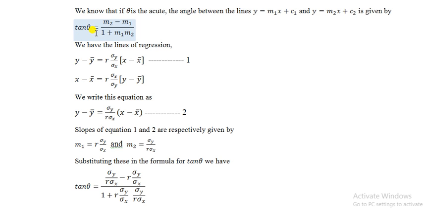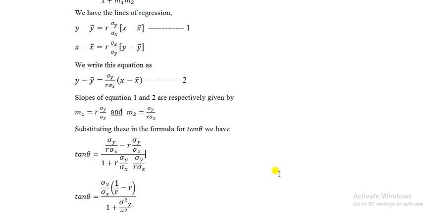So tan theta is equal to m2 minus m1. Our m2 value is sigma y divided by r into sigma x, minus m1, where m1 is r into sigma y by sigma x, whole divided by 1 plus m1 m2. So 1 plus m1, which is r sigma y by sigma x, and m2, which is sigma y divided by r into sigma x.